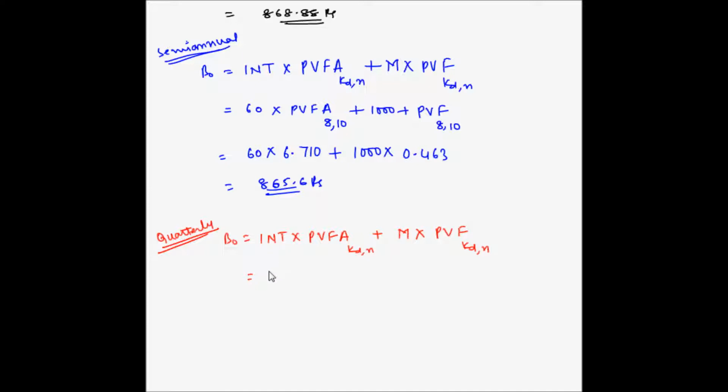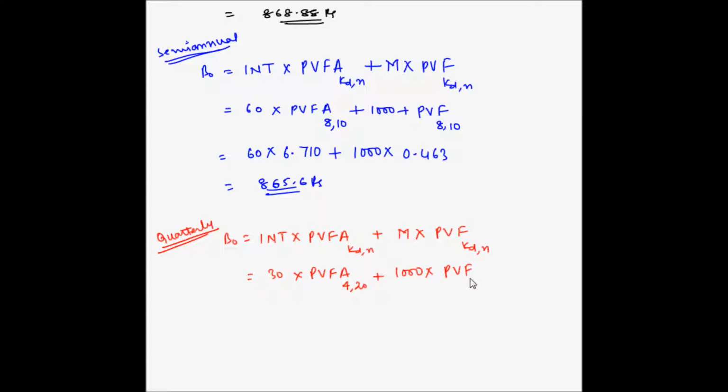So interest is now 30 rupees multiplied by present value factor of an annuity. Now KD is 4% and N is 20, plus M is 1000 into present value factor of a lump sum.